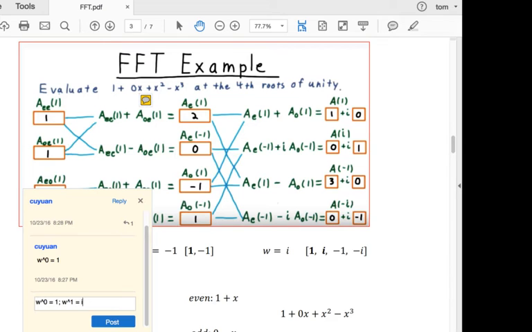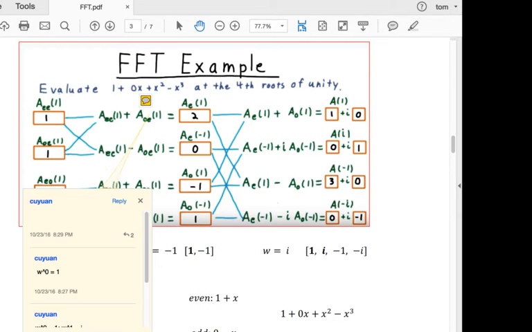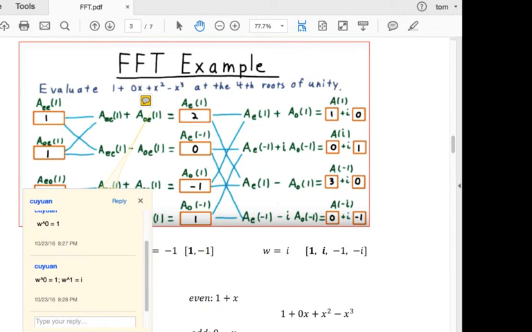And for the second and for the fourth, we need to use i. Omega equals i. So it's 2 plus i times the odd term, so it should be like this.